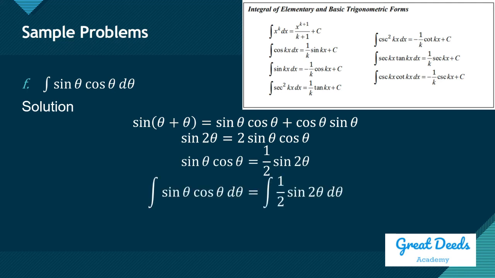So what is the integral of 1/2 times sine of 2 theta d theta? We will just copy 1/2. And the integral of sine of 2 theta is 1/2 times negative cosine of 2 theta. So 1/2 times negative 1/2 is equal to negative 1/4. And cosine of 2 theta plus c.